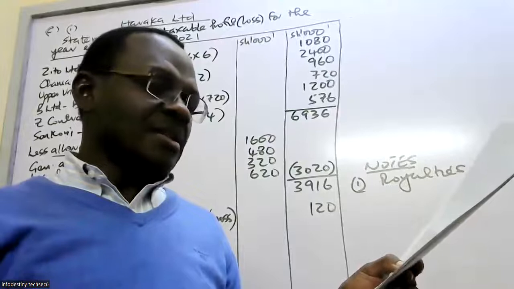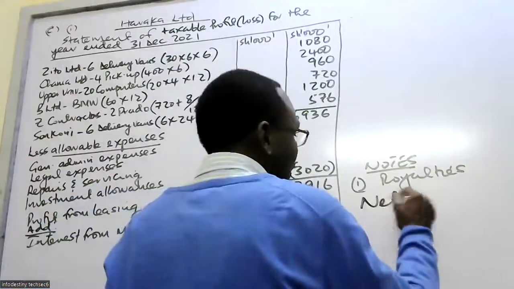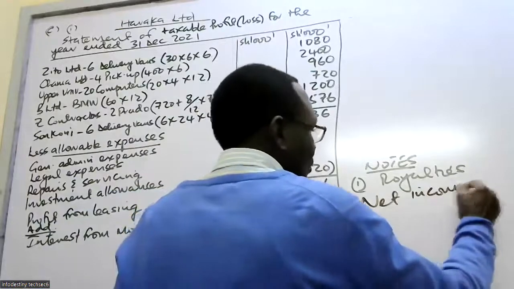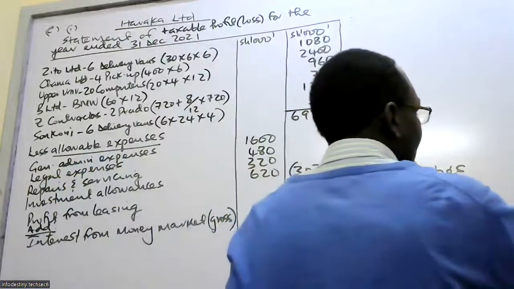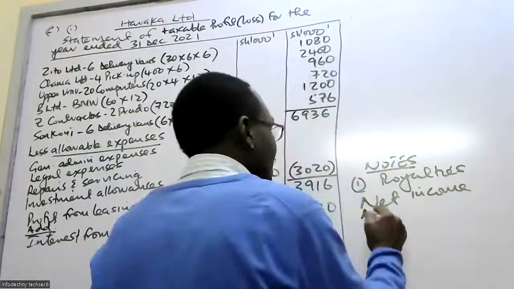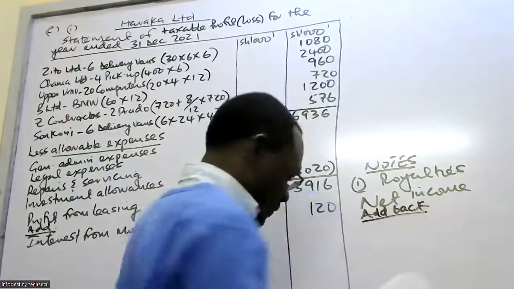Patents, you see, is an asset. They should not have charged. So we take net income, because they are saying after charging was 360. To that net income, add back what should not have been deducted.